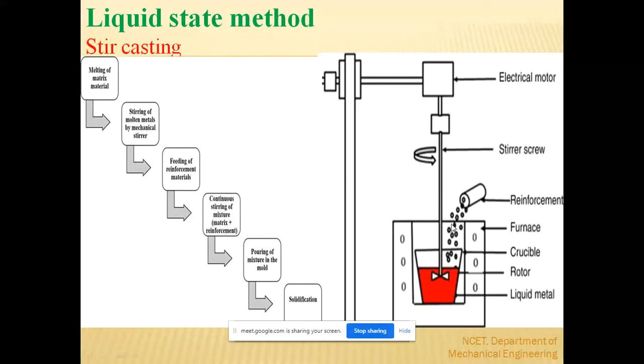We need to calculate, depending upon the molten metal and reinforcement, how much is supposed to be poured. This was the working of the stir casting process, right? And one more thing, the speed of the electric motor also depends upon what amount of uniformity we require, right? That was the thing. Then come to the next one.